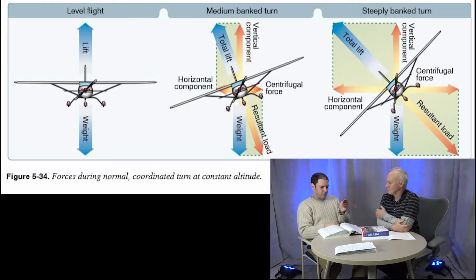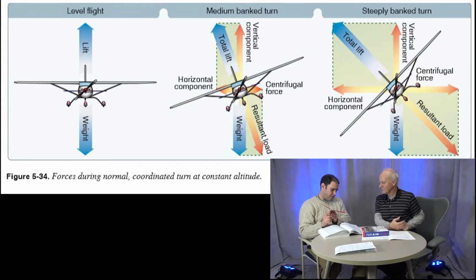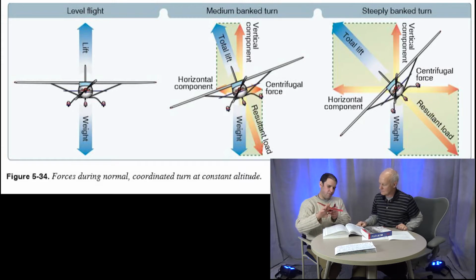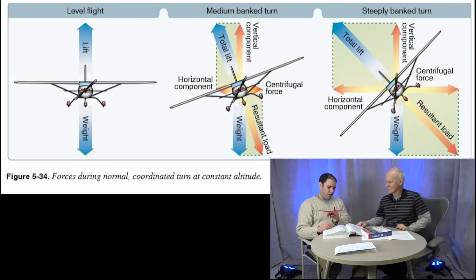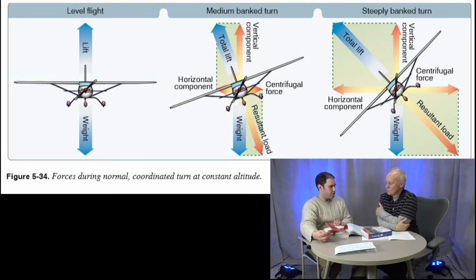So when you're in a turn, you have to pull back, create more lift total, because some of that lift has to go sideways and some of it has to go up. There's a good chart here on figure 5-34, which shows how as you direct more and more lift sideways, less and less of that lift is going upward, and you need more lift total to compensate for the fact that some of it's going sideways.